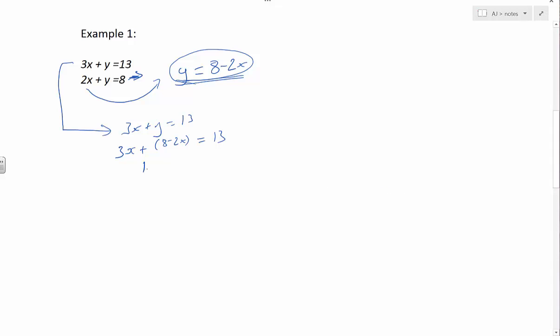In other words, we have 1x plus 8 equals 13. So x equals 13 minus 8, which is 5. So x equals 5. And then the original constraint that we used was that y equals 8 minus 2x. x is 5, so y equals 8 minus 10. So y equals negative 2.